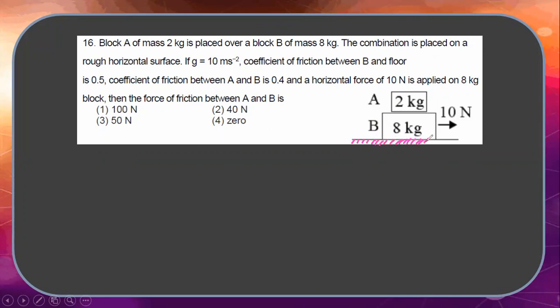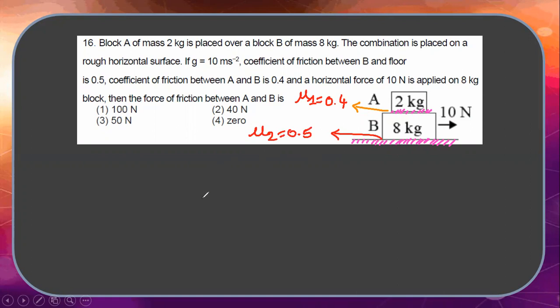In between these two, a frictional force will be there, and here also some frictional force will be there. As mentioned, the coefficient of friction between these two is mu1, mu1 is equal to 0.4. And the coefficient of friction here, mu2, is equal to 0.5.